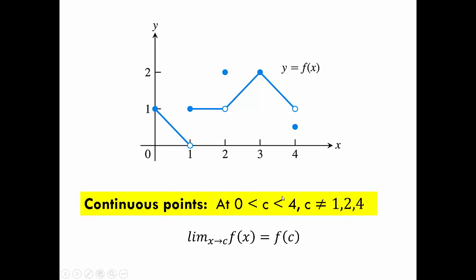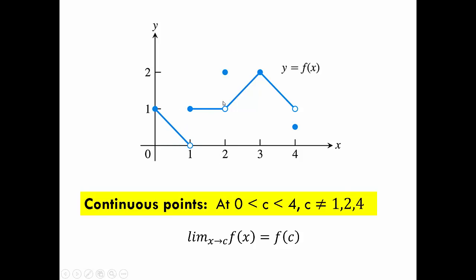So by looking at the graph on the interval 0 to 4, if I'm looking at 0, I'm continuous, notice because the circle's colored in. If I'm looking at 1, it's not continuous, because of a jump.